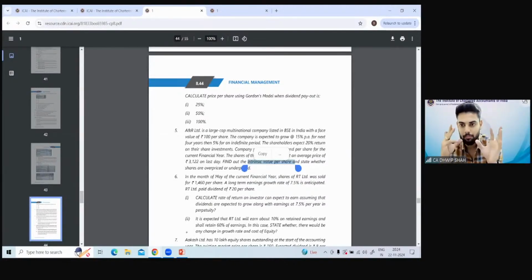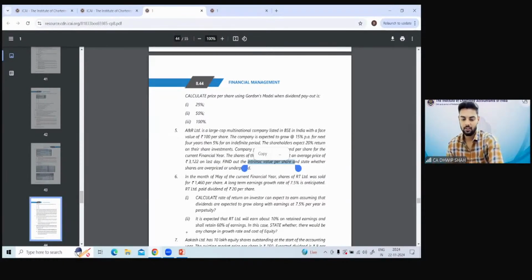You have various terminology for P0. P0 is also called intrinsic value. Sometimes question will mention theoretical value. Sometimes it will mention expected value. All of them mean the same. They are asking to calculate the worth of the share, the estimated worth of the share.